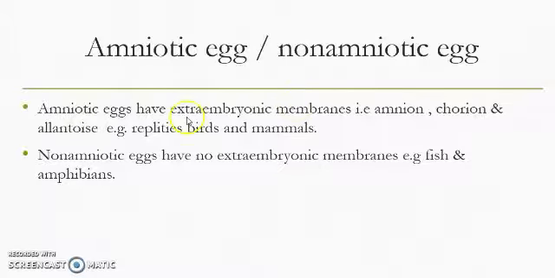Organisms with these membranes are called amniotes. Reptiles, birds, and mammals are amniotes. And non-amniotic eggs are the eggs that do not have extraembryonic membranes. There is no amnion, no chorion, no allantois. That is the case in fishes and amphibians. In such an egg, development takes place in the water.